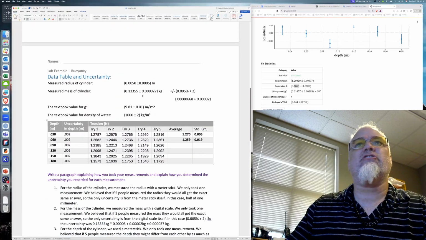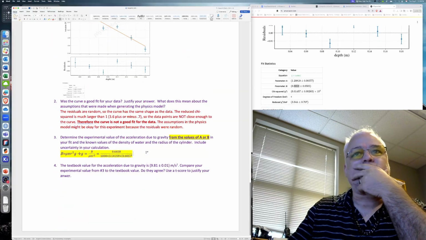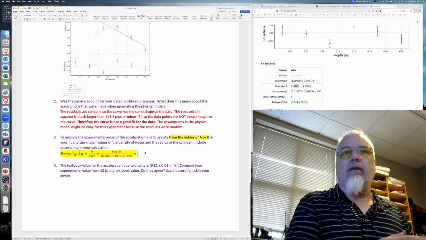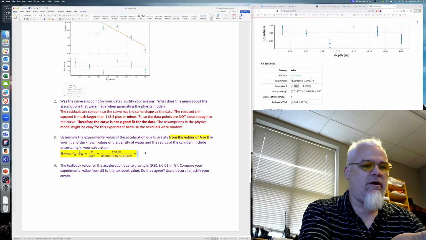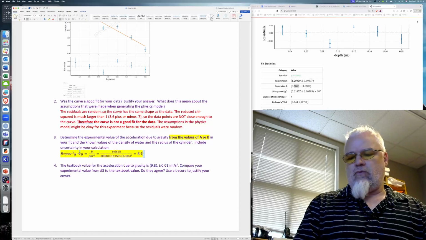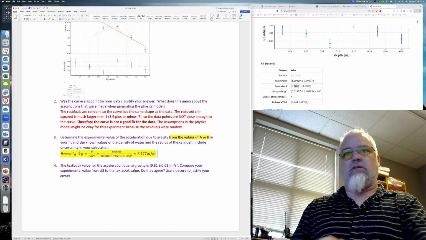The radius of the cylinder was 0.005. Yeah. Okay, so I can plug all that in. 0.6658 divided by 1,000 times 3.14159 times 0.005 squared, close parentheses, equals 8.477 meters per second squared.